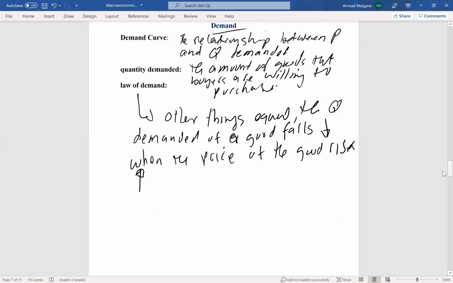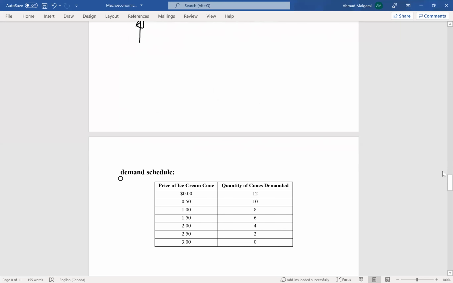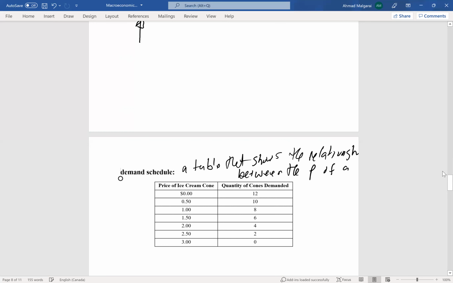And this brings us to something really important, where we have to understand what the demand schedule is. The demand schedule is a table that shows the relationship between the price of a good and the quantity demanded.